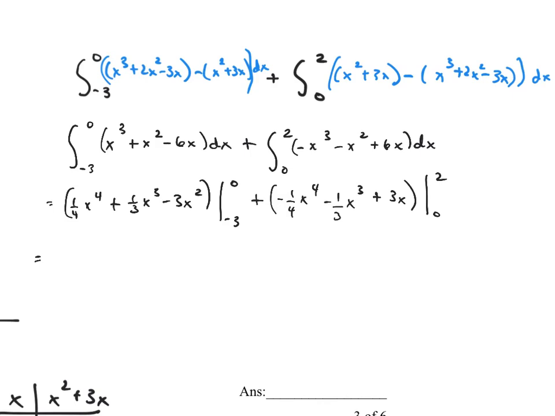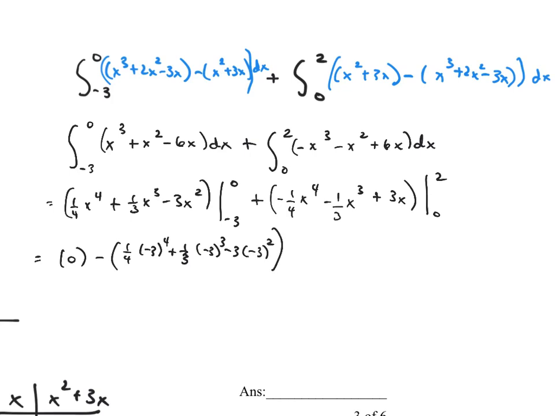The beautiful thing is, once again, with definite integration, anytime I plug in the number 0, because each one of these terms has an x in it, I immediately get a 0. So for the first function I have 0 minus, now I need to plug in that -3. So it's going to be 1/4 times -3 to the 4th plus 1/3 times -3 cubed minus 3 times -3 squared.